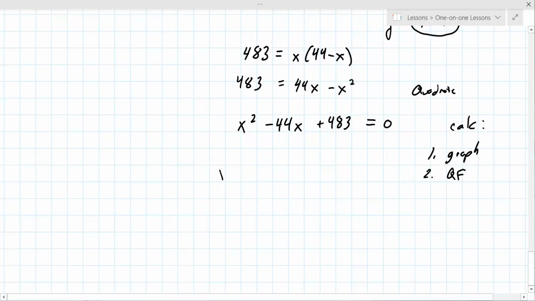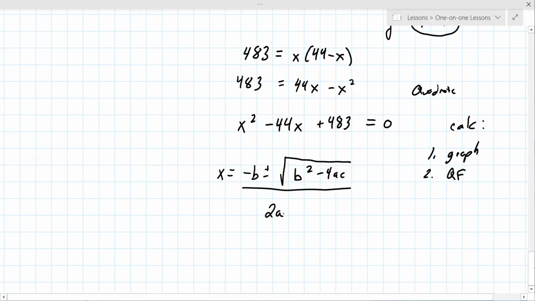Okay, so let's remember it here. X equals minus b plus or minus the square root of b squared minus 4ac all over 2a. Okay, so your a here is 1, your b is minus 44, and your c is 483.